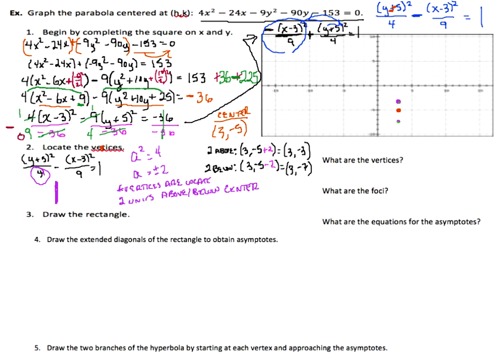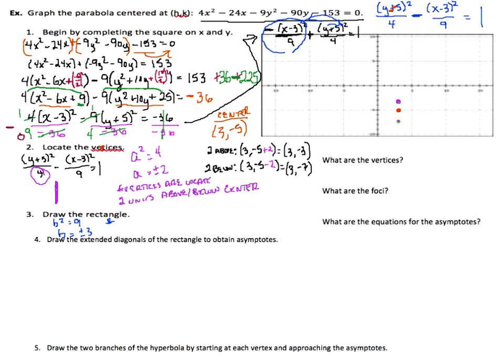Now we want to draw that rectangle. Well, we need to know our B value, so how far away in the opposite direction from the center do the sides of that rectangle lie? Okay, so in this case, B squared is equal to 9. So B is equal to plus or minus 3.